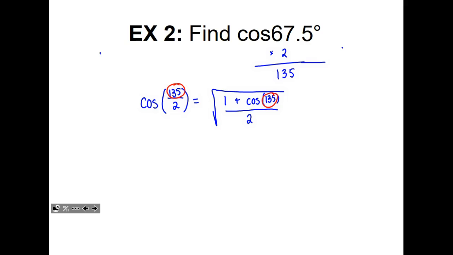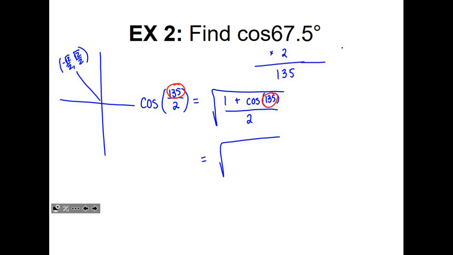So 135, oh, that's on our unit circle. That is right here, correct? Yes. And this is going to be negative root 2 over 2 and root 2 over 2. So cosine is your x-coordinate. You're going to get negative, so you're going to get 1 minus square root of 2 over 2 all over 2.